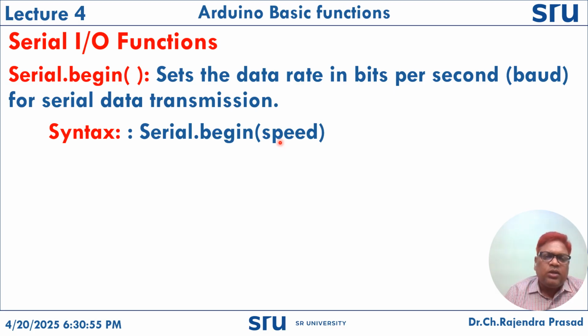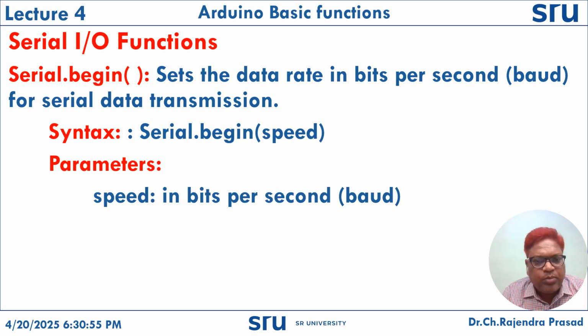Normally the serial ports support different baud rates: 100, 300, 600, 1200, 2400, 4800, 9600, 19200, and so on. Based on our requirement and our device, we need to provide a value as per our requirement. So the parameter is speed here in bits per second. It will not return anything.